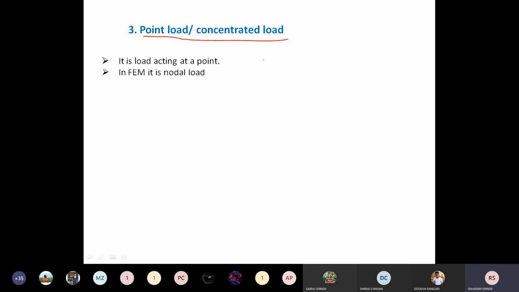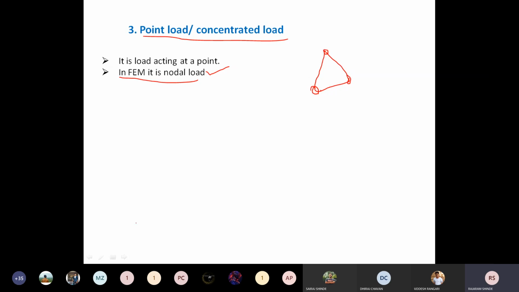Now you can see here, in the finite element method, these forces are considered as nodal loads. If we consider this triangular element, this is node 1, node 2 and node 3.